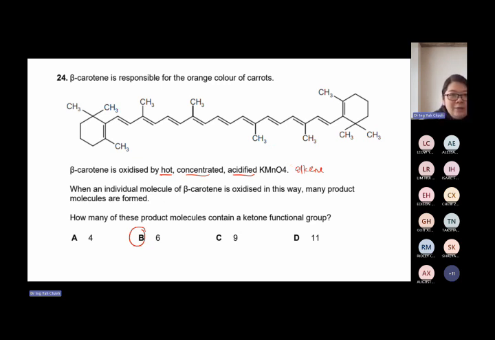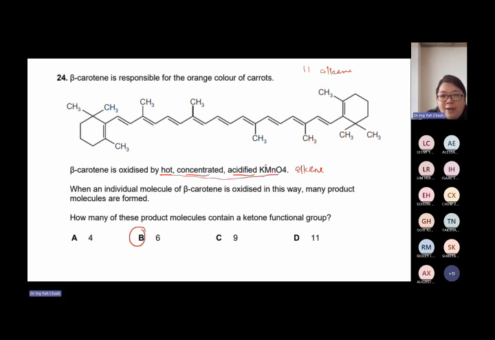But if you look at this beta carotene, it contains only a lot of alkene functional groups. One here, another one, total 1, 2, 3, 4, 5, 6, 7, 8, 9, 10, 11. 11 alkene functional groups. So all of them will react with this reagent.